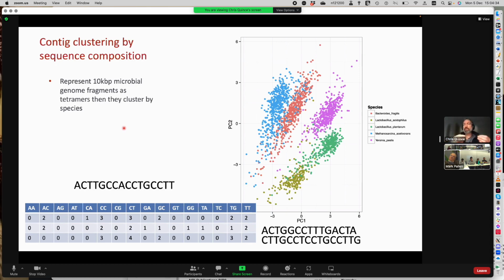But a gene that's come in relatively recently will have an atypical sequence composition to the rest of the genome. Then over time, it becomes more similar as it adapts to its local environment. It's really interesting, when you've got a genome, to look at these changes in composition along it.